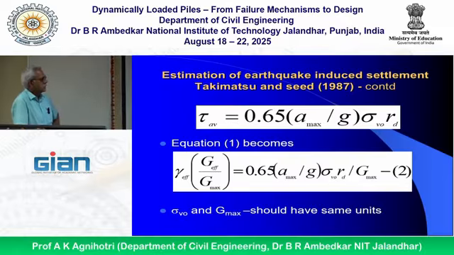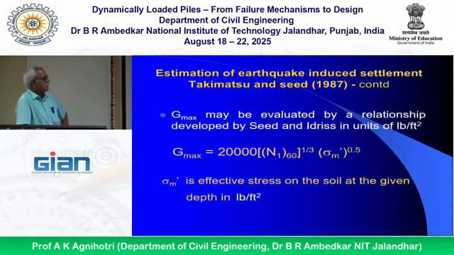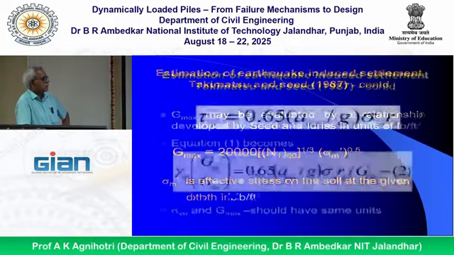So now this becomes gamma effective times G effective upon G max equal to, if we combine equation number 1 and 2, you will get this.